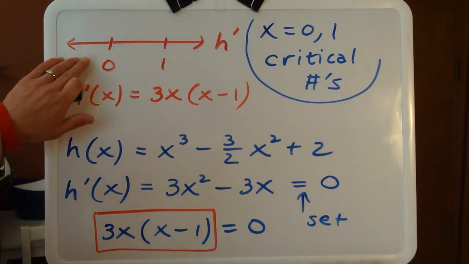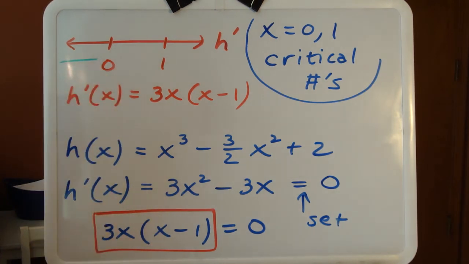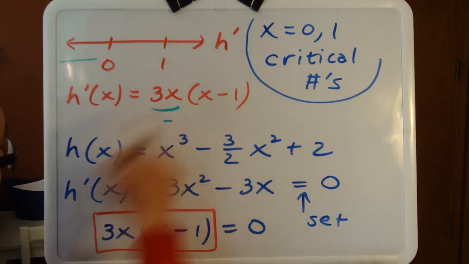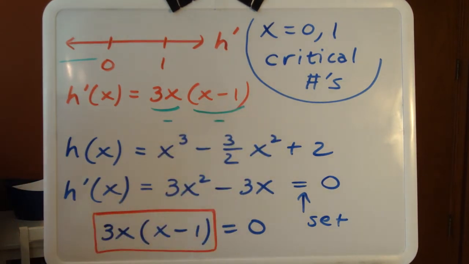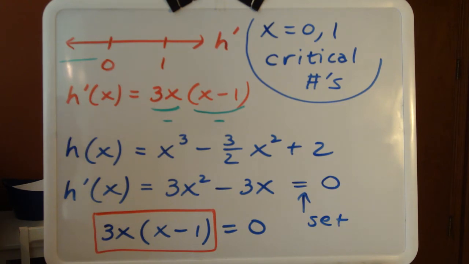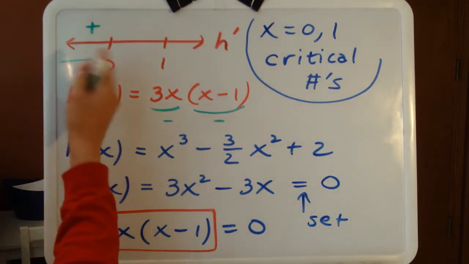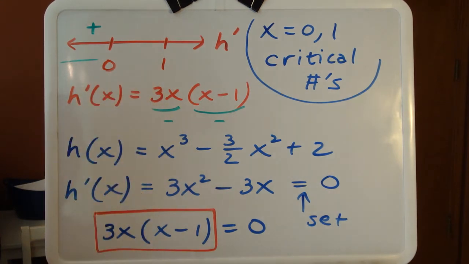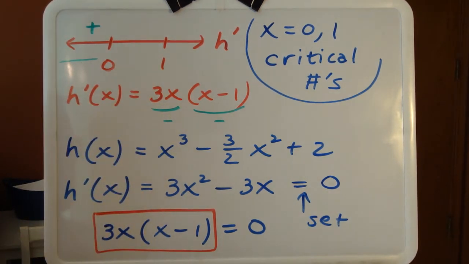If you pick any negative number in this region, then this number will be negative, and x minus 1 will also be negative. A negative times a negative gives you a positive number, so you put a positive sign here, indicating that the function is increasing to the left of 0. In between 0 and 1, you could pick a number like 1/2.